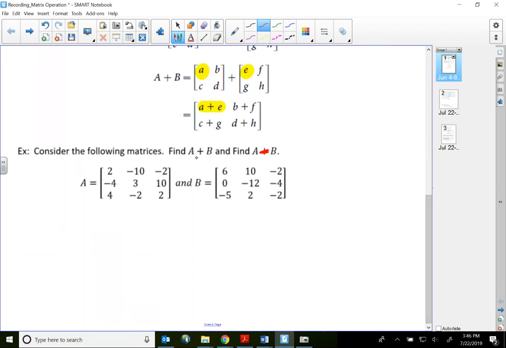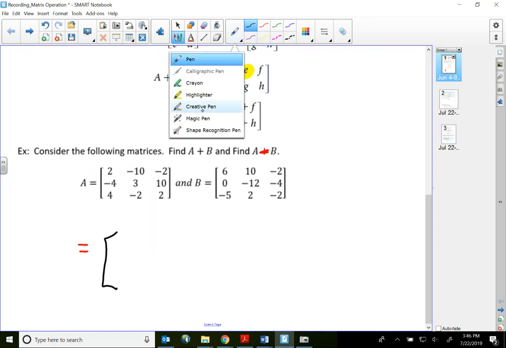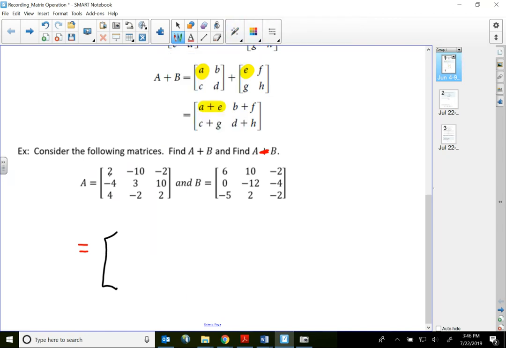So let's just take matrix A and add it to matrix B. I'm going to circle it. Here is going to be my answer. I can do it just by looking at it. Row 1, column 1 of A added to row 1, column 1 of B: 2 plus 6 is going to give me 8.